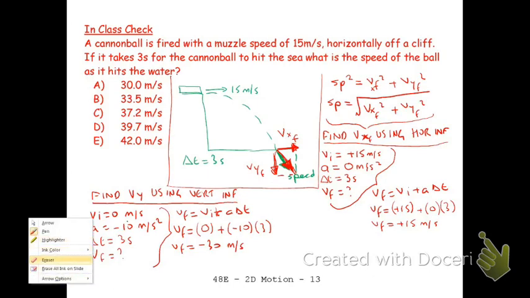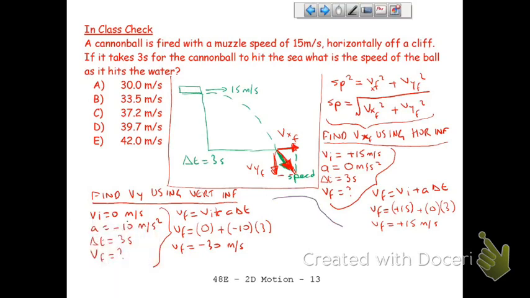I'm going to change colour of my pen so you can see my next little bit of thinking, which is going to go in here. The speed is equal to the square root of 15 squared plus minus 30 squared.